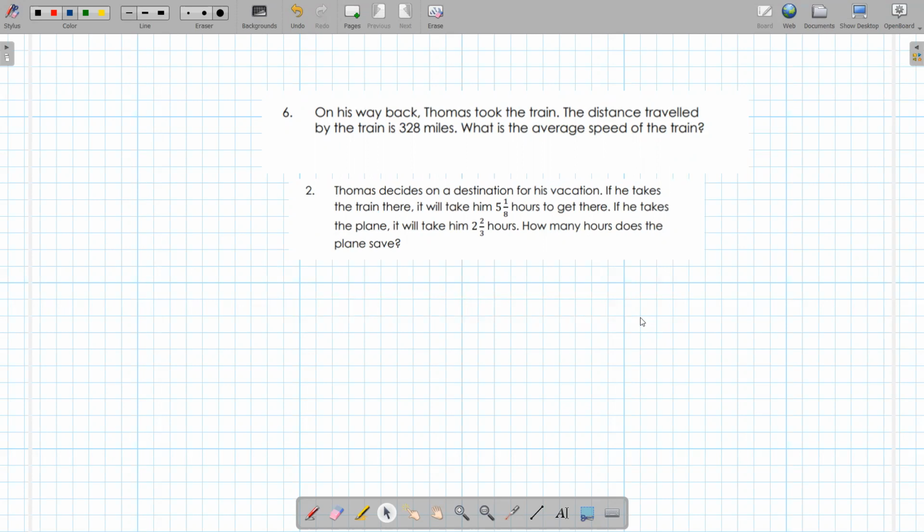So what do I do? So what's the average speed of the train? Look at this. The distance traveled is this, right? And it took him 5 1/8 hours, right? What's the formula for speed? Or how is speed calculated?